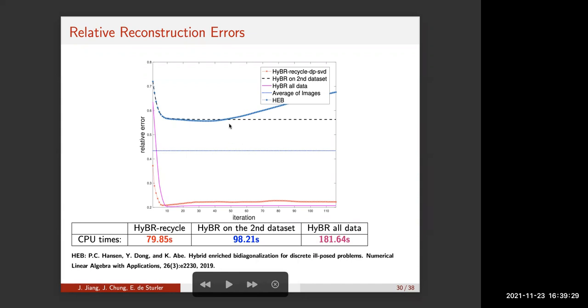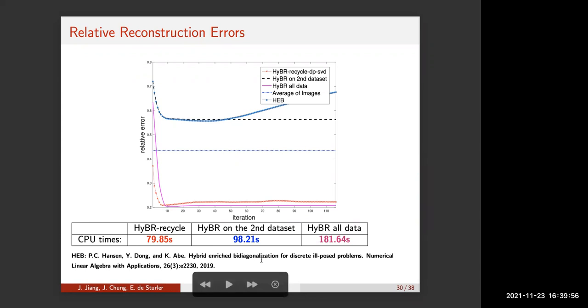And we also compare our method with the algorithm proposed by Christian in 2019. In their method, the idea is also to include some prior knowledge in the hybrid bidiagonalization process. But we find their method is very sensitive to the prior knowledge they include.